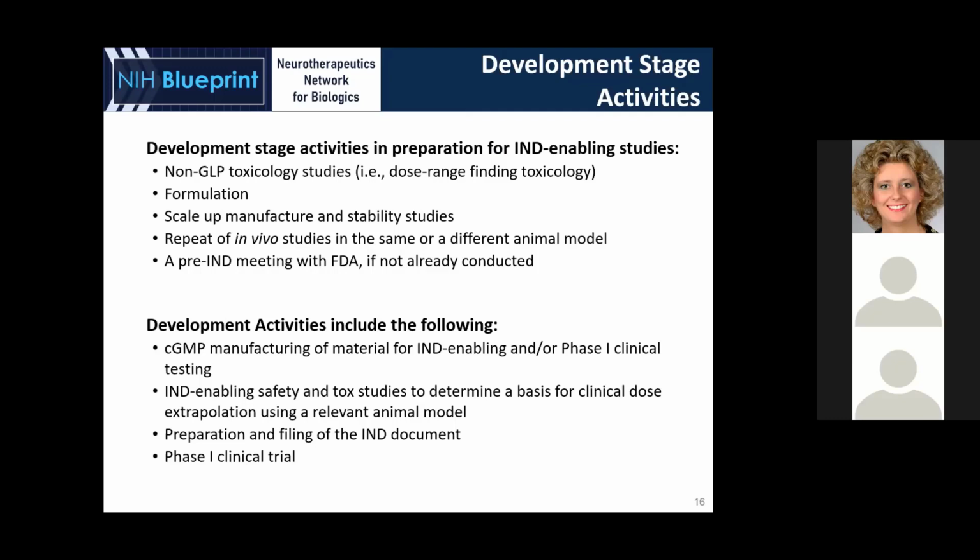The development activities further can include cGMP manufacturing for the phase 1 clinical testing, IND enabling safety and tox studies, preparation and filing of the IND documents, and the phase 1 clinical trial itself.